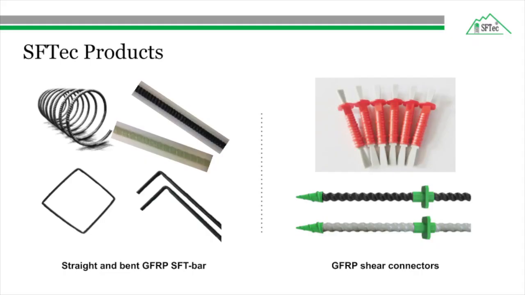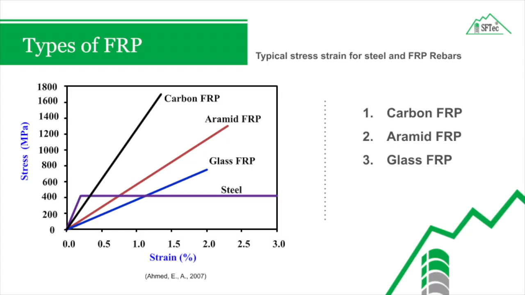As I mentioned, our company is focusing on the market of GFRP bars, but we can produce any kind of bars you want. We can produce four types: carbon, basalt, GFRP, and aramid.